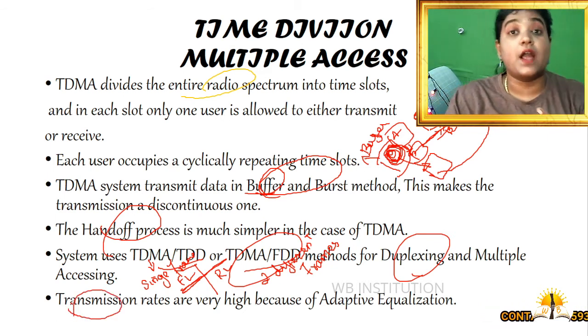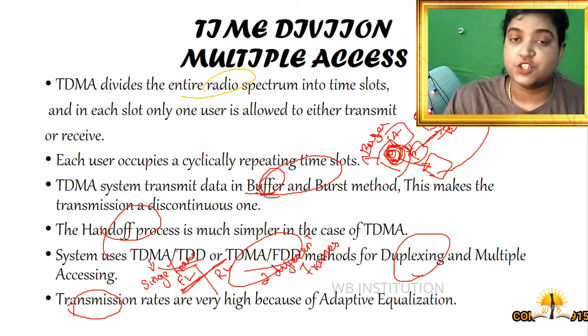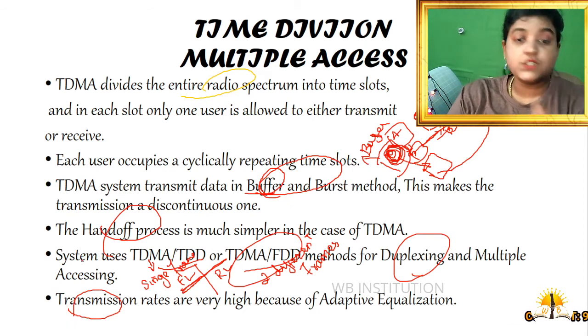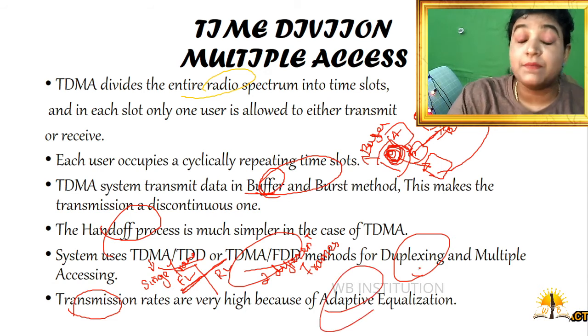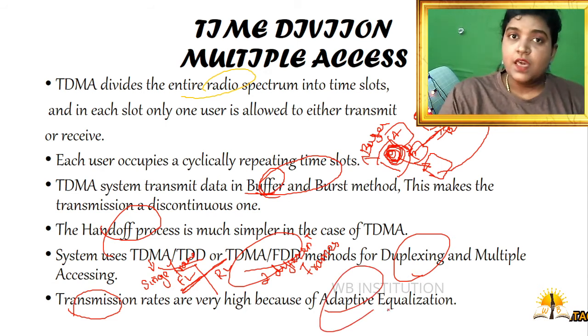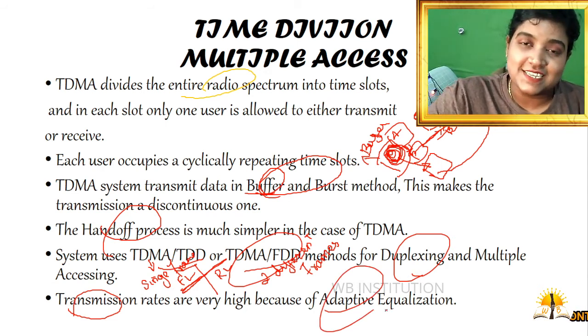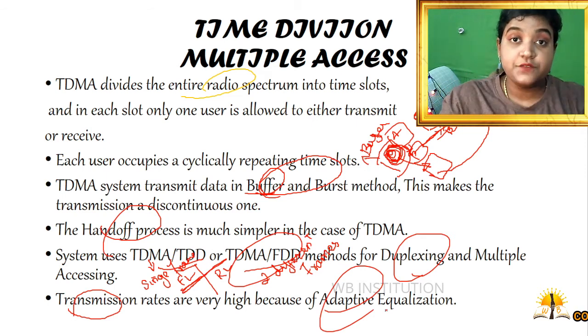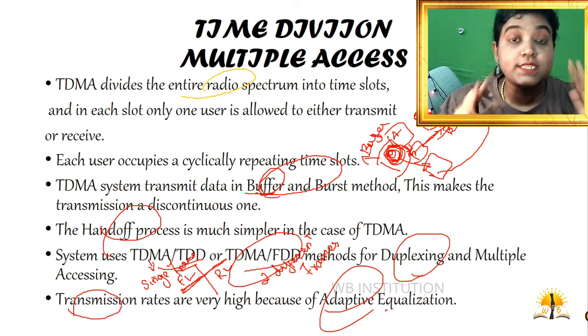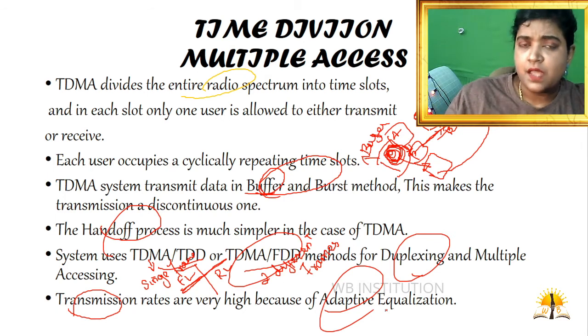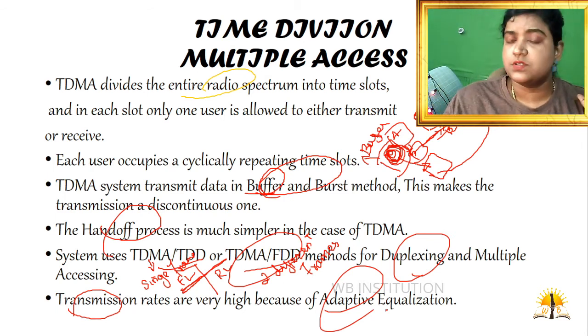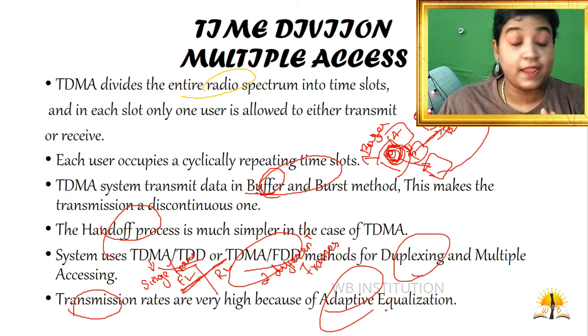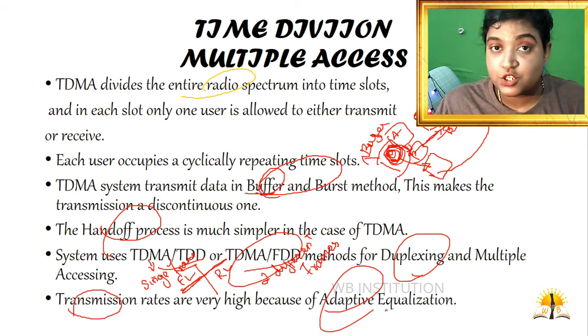That is a very big advantage of time division multiple access because of adaptive equalization. Let me make this clear. In frequency division multiple access, different frequency slots are allotted to different users, with a maximum frequency range of about 30 kilohertz, which I explained in frequency division multiple access.